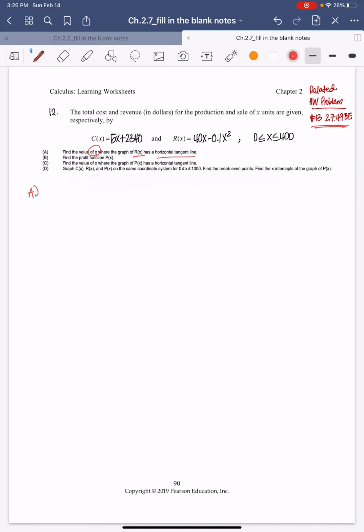So part A, I want to find where r prime of x is equal to 0. That means I need to first take the derivative of this function. So r prime is 40. First term is 40. Second term brings down 2 times 0.1, 0.2x, subtract by 1. And I want to set that equal to 0 and see where that x is. So I'm going to be subtracting 40.